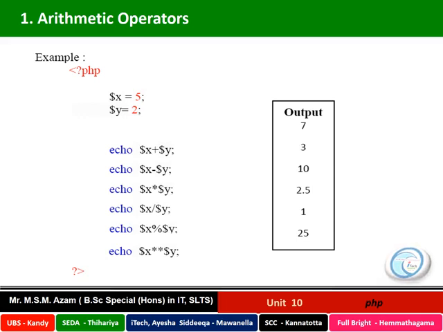Next one, x divided by y, that is 5 divided by 2 equal 2.5. Next one, modulus operator. X modulus y, that means 5 divided by 2, remainder value 1. Last one, x exponentiation y, that means 5 to the power 2. So 5 to the power 2 equal 25.